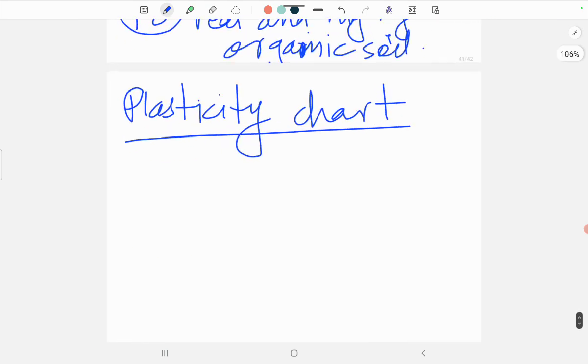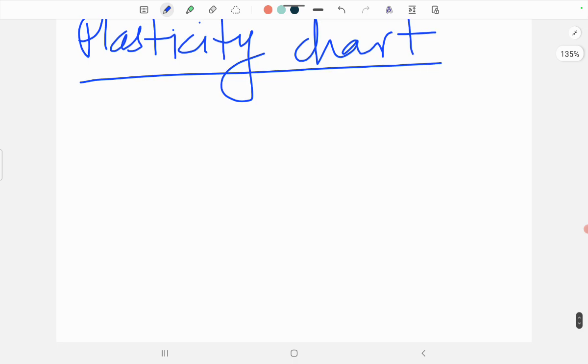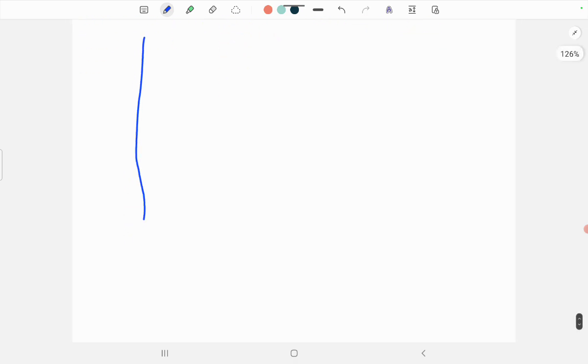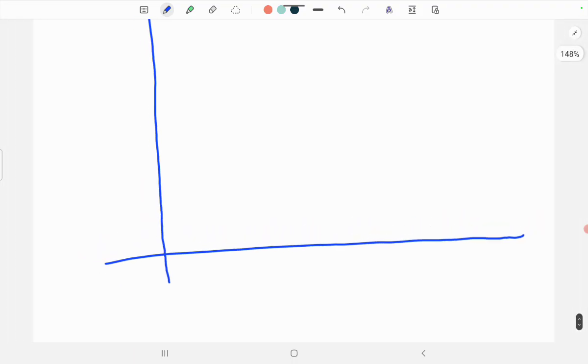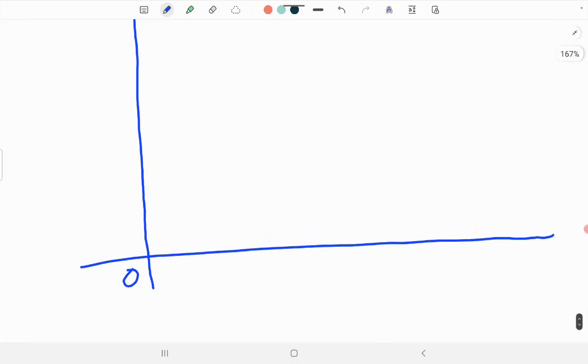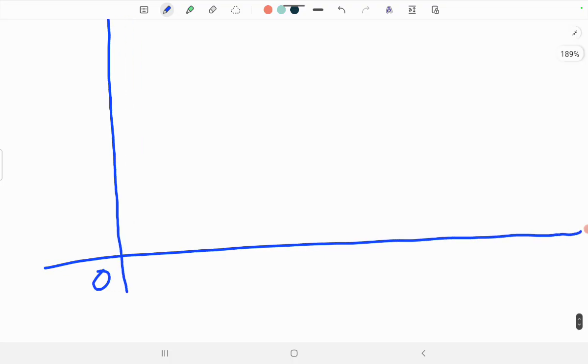Now the plasticity chart. For the plasticity chart, here we draw the chart, as in the Indian standard soil classification. It is drawn from 0 to 100 on the x-axis, where it is the liquid limit.